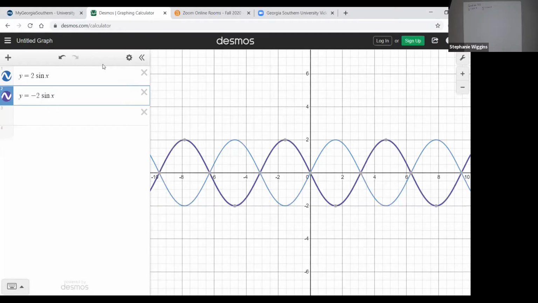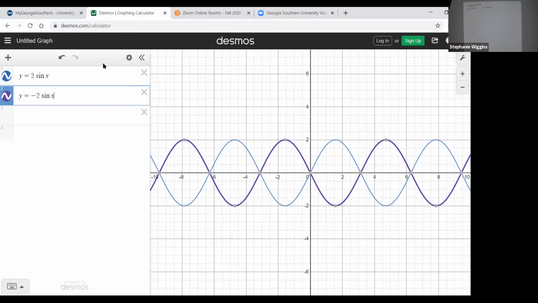See how it flips the graph over the x-axis? What was above is now below, and what was below is now above. Whenever you multiply by a negative out in front of your function, it flips your whole graph over the x-axis, like a reflection. That's called reflecting.